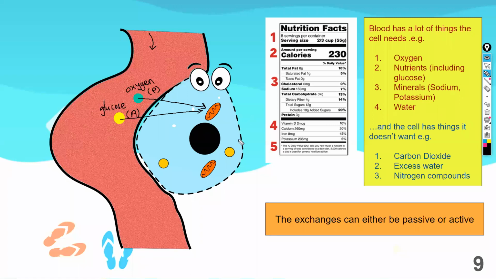And the mitochondria will produce a few things. What will it produce? It will produce things like water. It will produce things like carbon dioxide. It might produce other things, like energy.